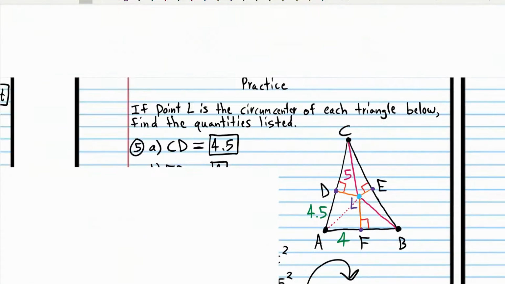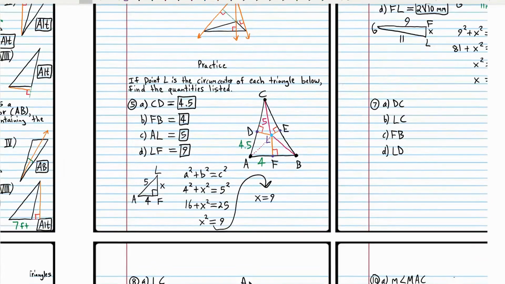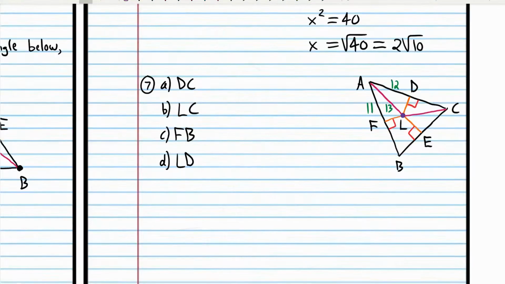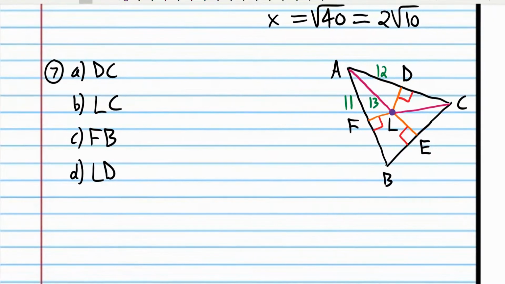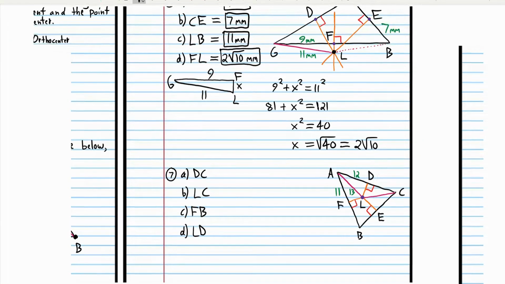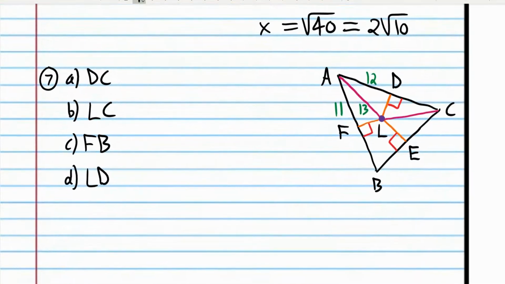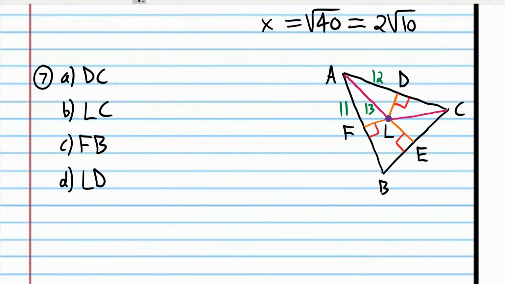So now the circumcenter is inside. Sorry, my computer's jumping around. Now the circumcenter is inside the triangle, L here. And remember, the Circumcenter Theorem tells us that the distance from the circumcenter to each vertex is the same for all vertices.